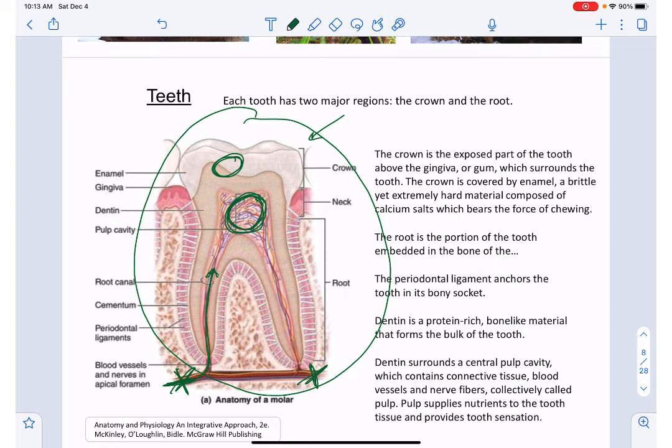And my question to you is, which specific nerve are you trying to block by injecting Novocaine around that tooth? That's my question.